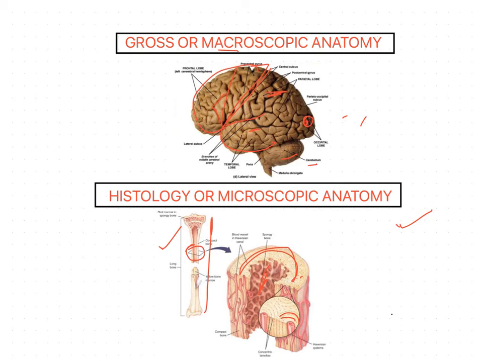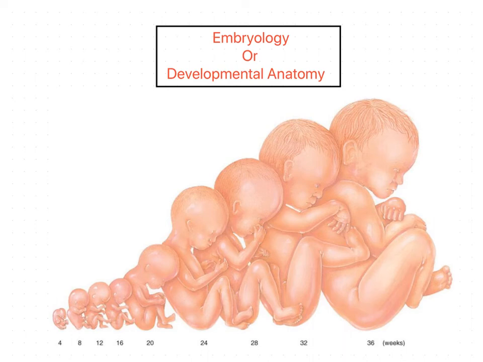Now we'll move on to the next one, embryology or developmental anatomy. Here we study the early developmental stages of an organism. You can find a baby or fetus developing from the 4th week to 36 weeks.